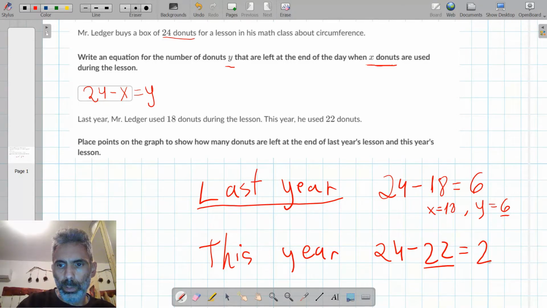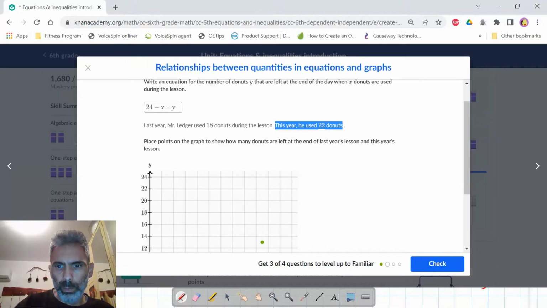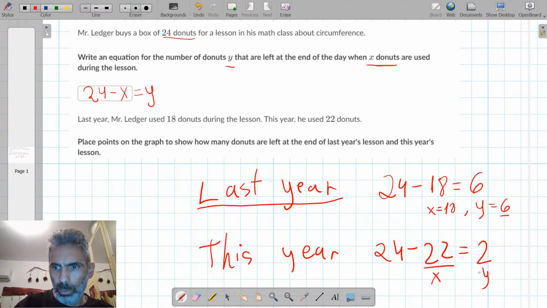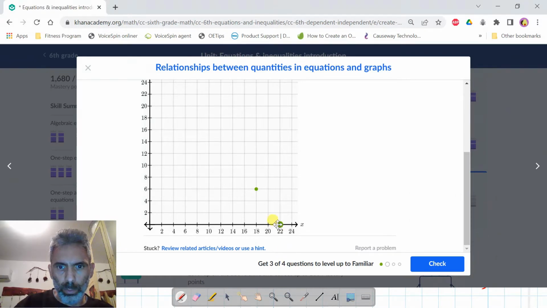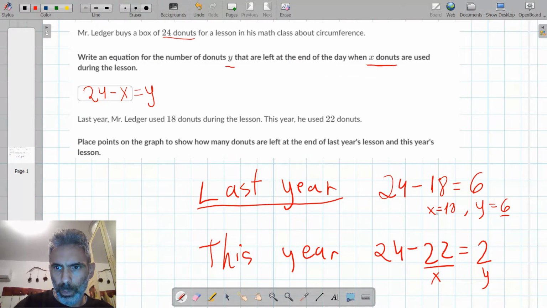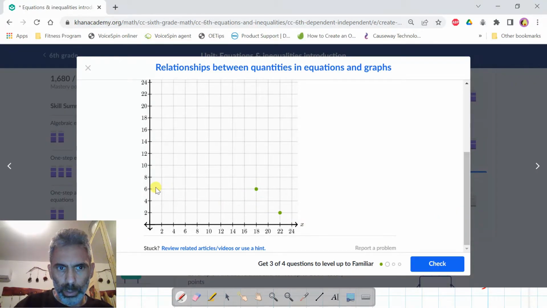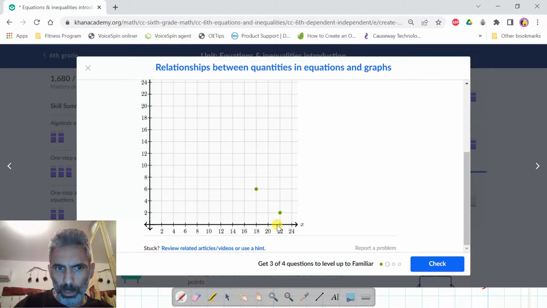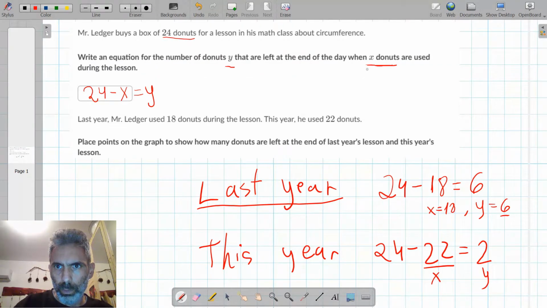So this year 2 is left. So this is x and this is y. So the second point, x is 22 and y is 2. Last year, x is 18 and y is 6. This year, x is 22, y is 2.